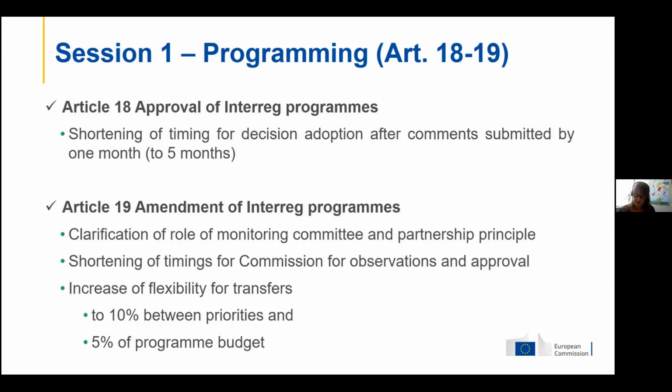So you may transfer during the programming period an amount of up to 10% of the initial allocation of the priority between or to another priority within the same Interreg program. And also there's an upper ceiling of no more than 5% of the total programming budget that can be transferred in this way during the programming period. So originally the Commission proposed a bit lower levels of transfers that do not require a Commission decision. They were 5% and 3% respectively. So this was basically what I wanted to say under this block.